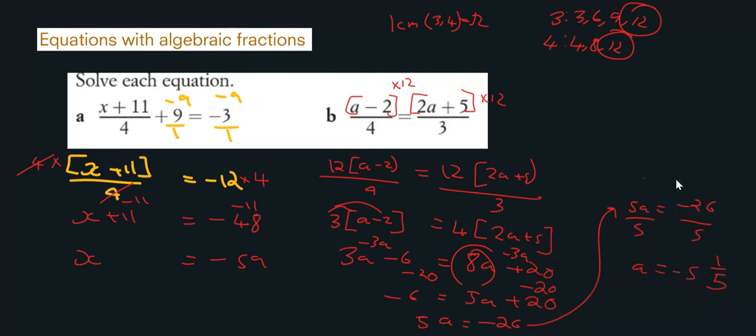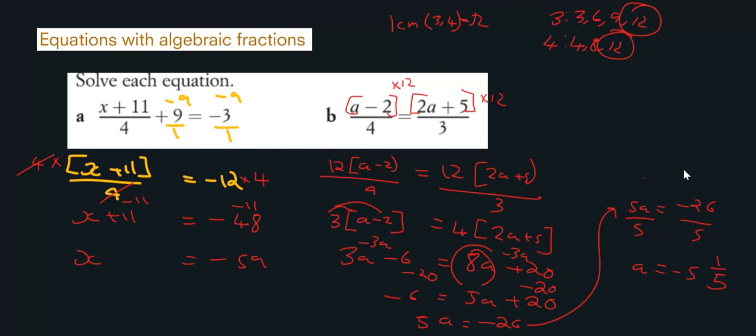18%. Okay, so the lowest common multiple of 3 and 4 is 12, and we've shown an explanation for that above. So we multiply throughout by 12, which is what we've done. 12 divided by 4 is 3. 12 divided by 3 is 4.